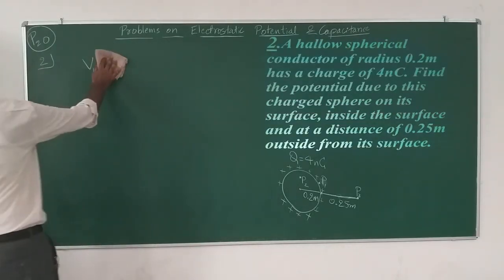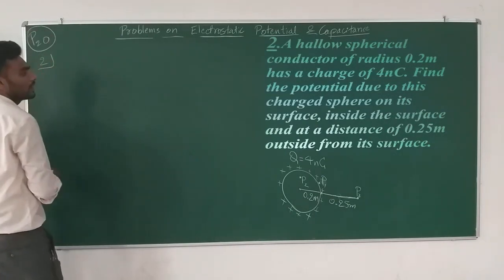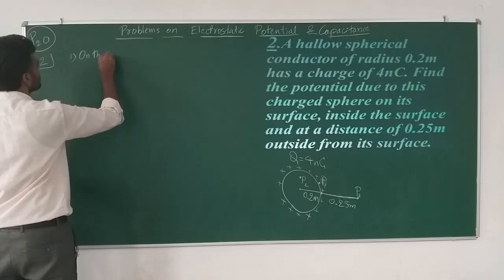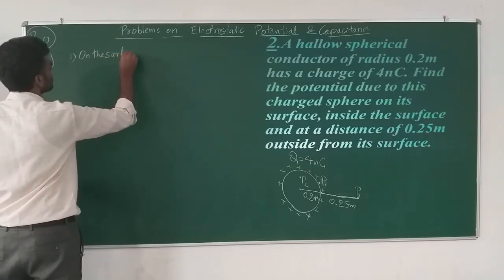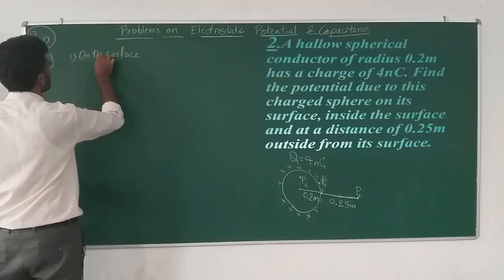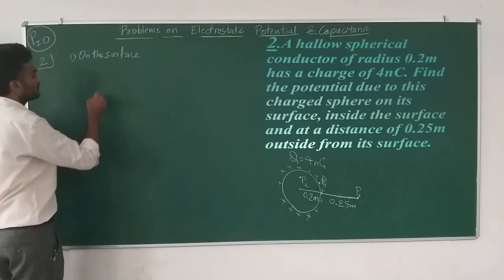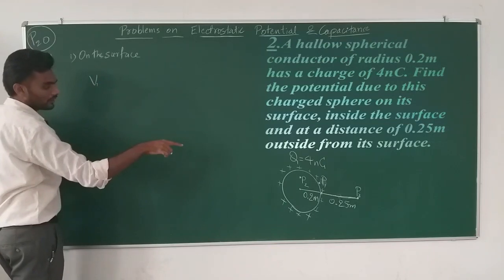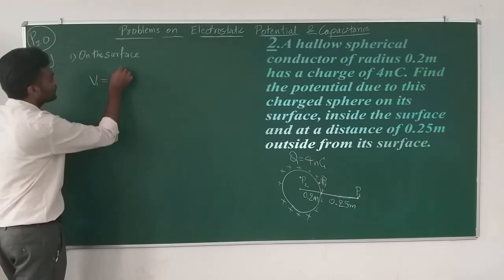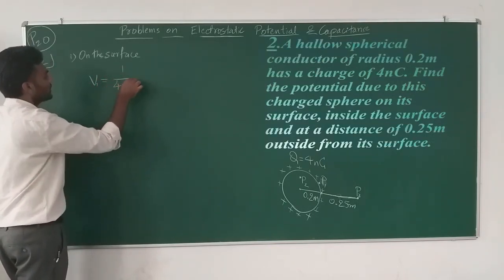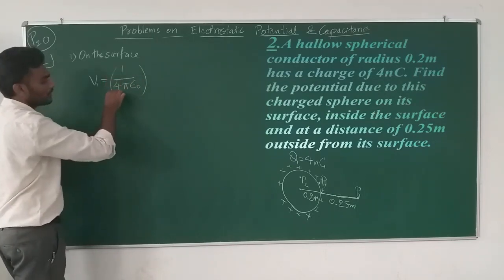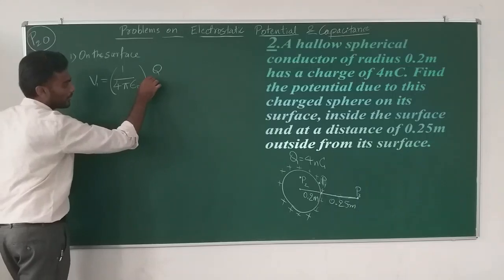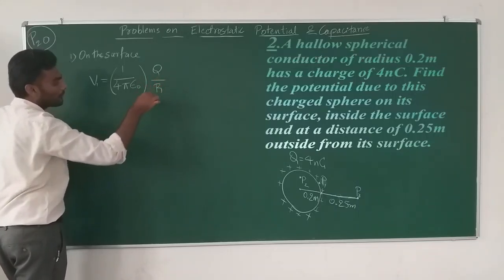First I am solving on the surface. So on the surface the potential V1 is equal to 1 by 4 pi epsilon naught, Q, the total charge accumulated in the sphere, by R, capital R.